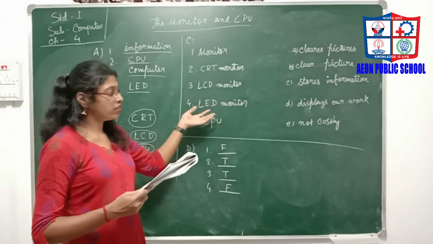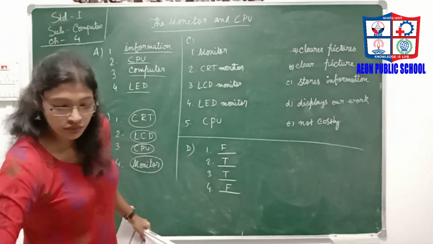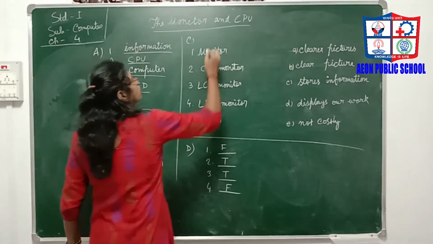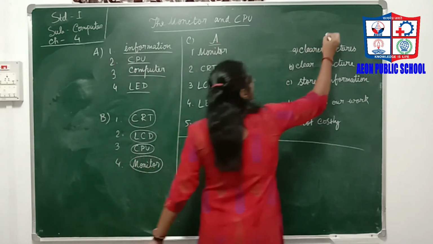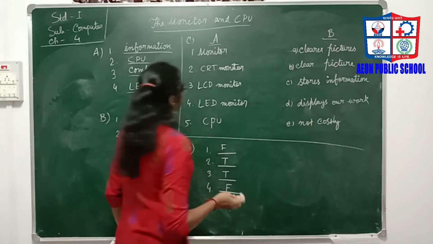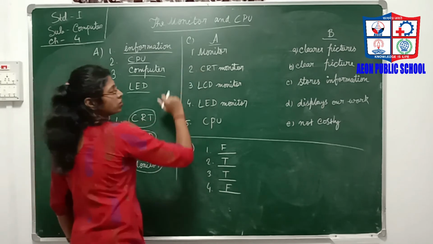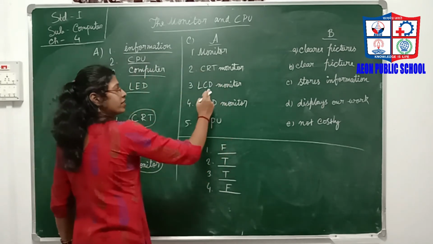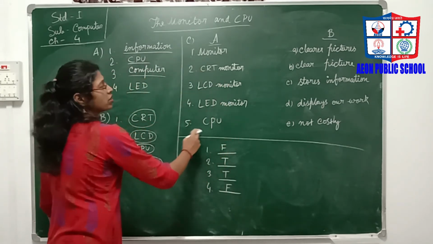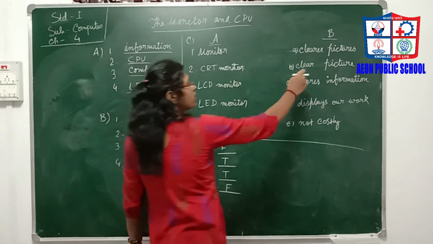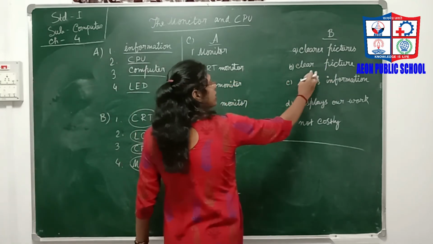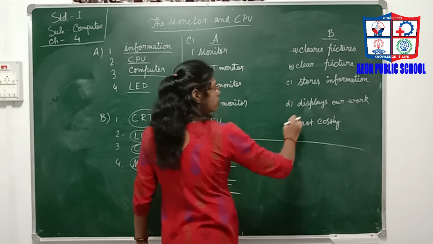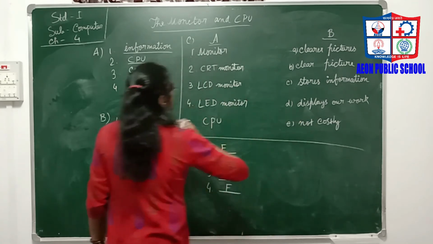Next, go to the matching. Here are the options. You have to match them. Column A: monitor, CRT monitor, LCD monitor, LED monitor, CPU. Column B: clear picture, stores information, displays our work, not costly.